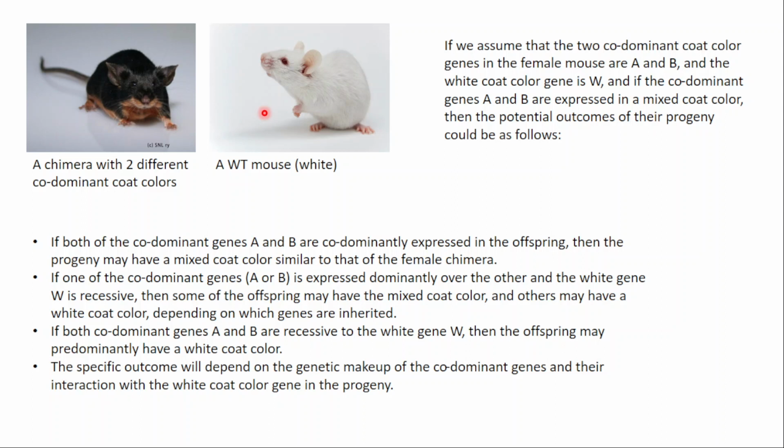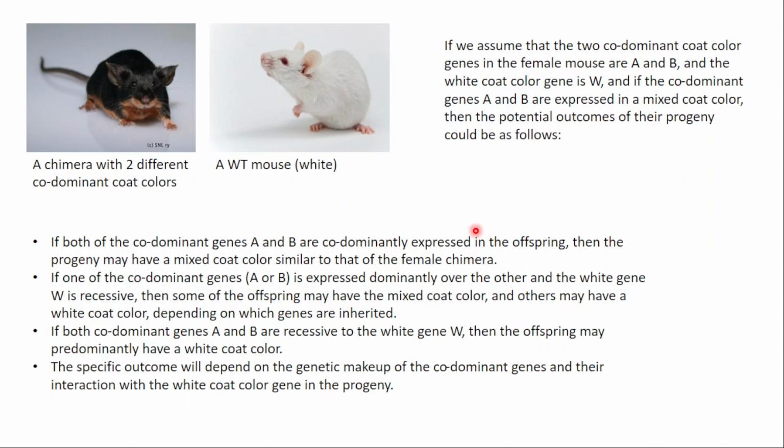So it depends on what kind of cells form the germline in a chimera. The germline cells will produce gametes having the same genetic constituent or expression pattern as the parent. Then when we mate such a chimera with a wild type mouse, what can be the possible outcomes? The first outcome would be if both the codominant genes A and B are codominantly expressed in the offspring.